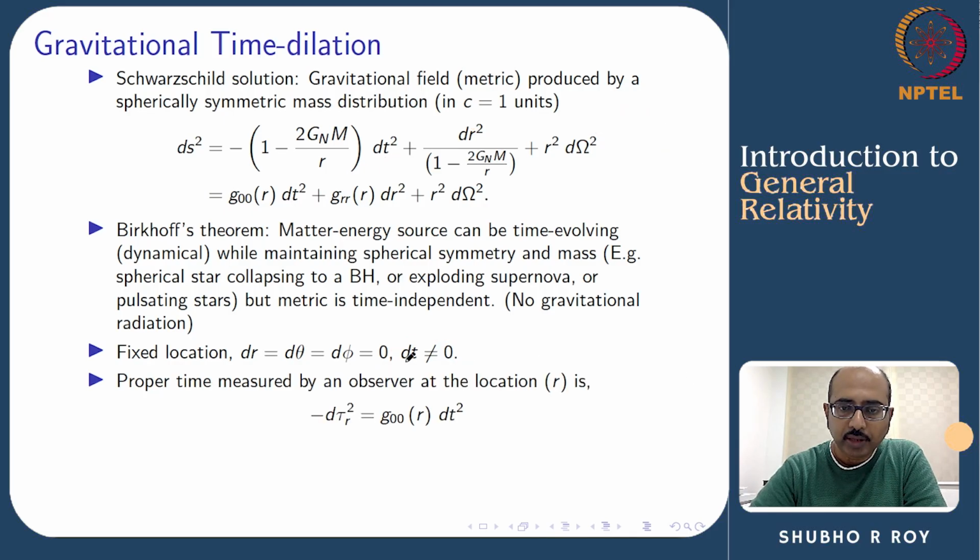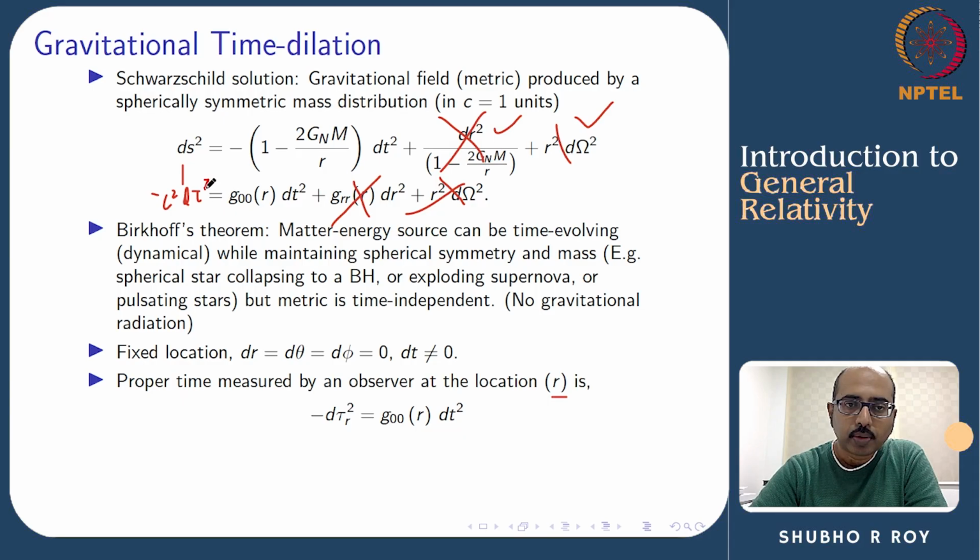Now, for that event, what is the proper time measured by an observer at that location? Let's say we take the location to be fixed r. In that case, we know that these two terms in the metric will not contribute because dr, dθ, and dφ are 0. The proper time is given by minus c squared dτ squared, and because we use units where c equals 1, the c squared will not be there.